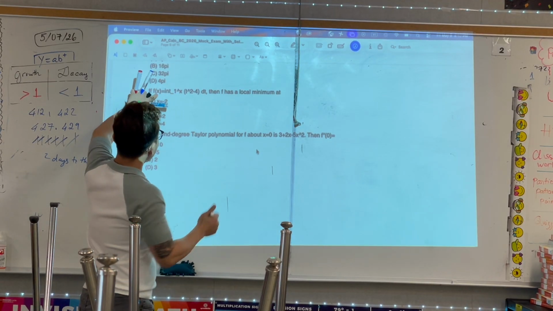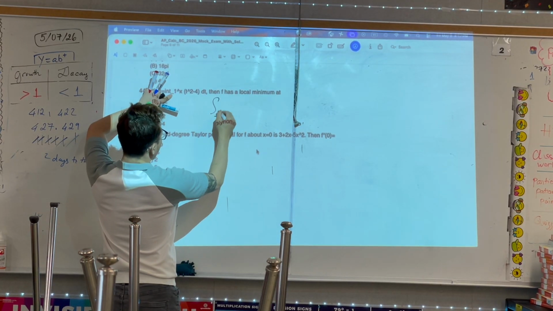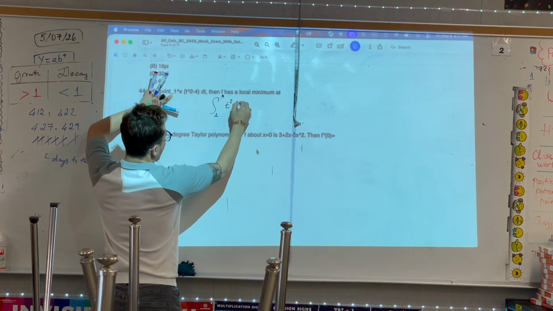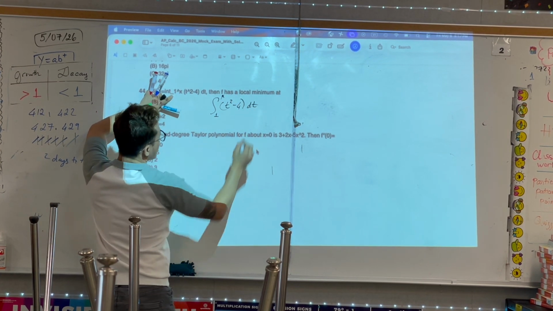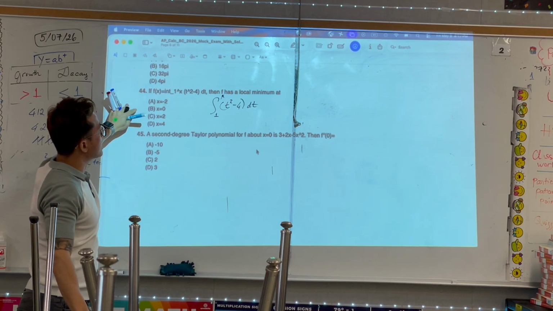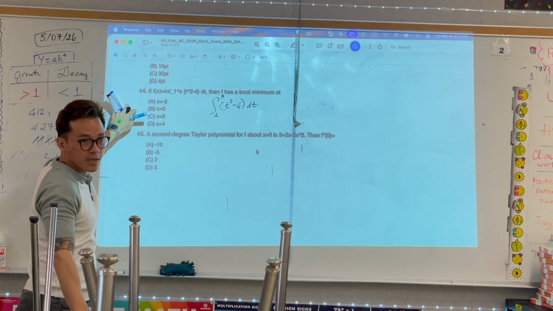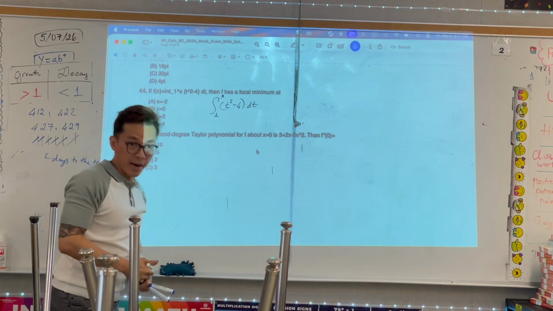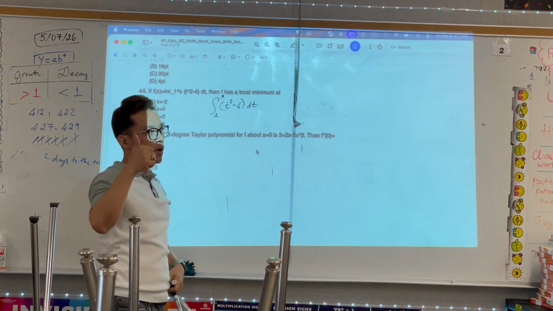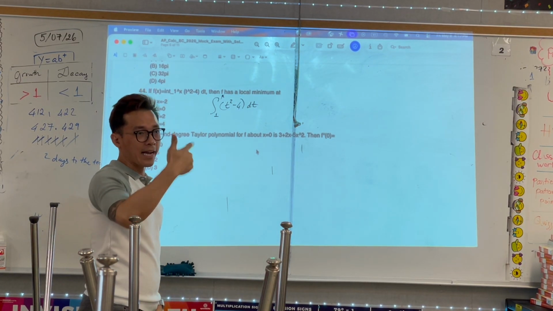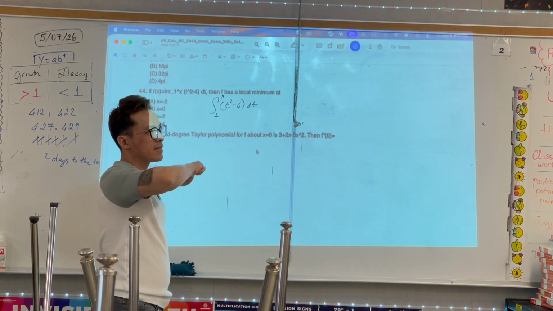All right. Integral from 1 to x of t squared minus 4 dt. They're asking if f has a local minimum. So first derivative is. Very good. Every time you hear the word local minimum, maximum, tangent line, what else?